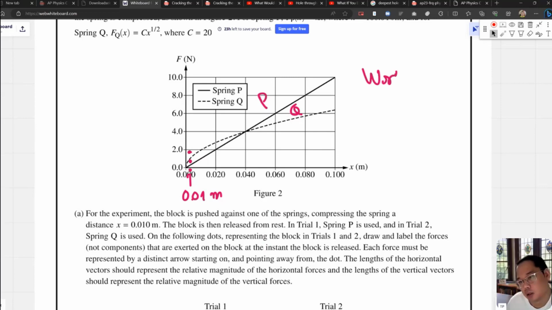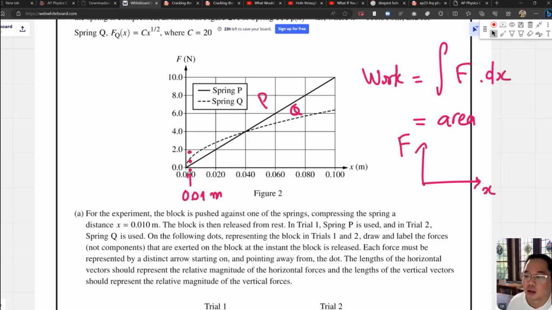The work is equal to the force times the displacement. But this simple formula is only valid when the force is constant. For a varying, changing force like this, we need to take the integral of the force with the displacement dx. And this integral is the area under the graph of force versus displacement.